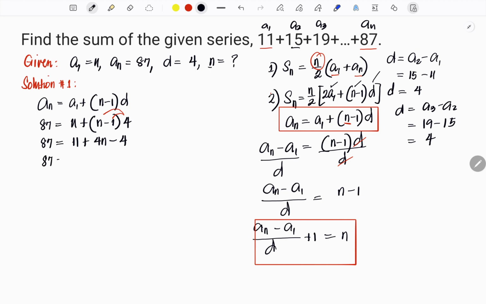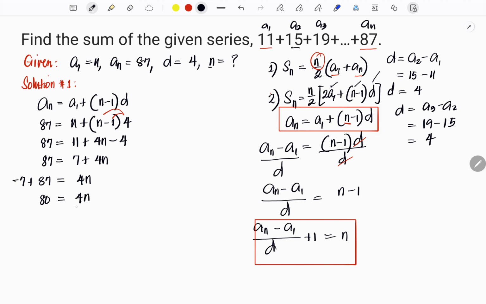So we have 87 equals, we can combine 11 and negative 4 outright. So 11 minus 4 is 7 plus 4n. And we need to transpose 7 to the left. So we'll have negative 7 plus 87 is equal to 4n. And negative 7 plus 87 is equal to 80 equals 4n.